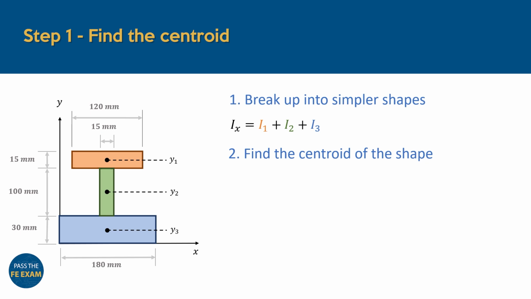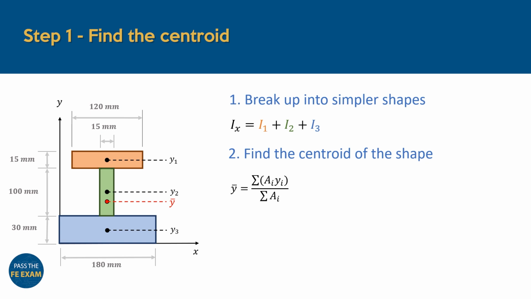Second, we need to figure out where the centroid of this asymmetric shape is located. And here we're referring to the centroid of area. Remember, since this cross-section has a larger area closer to its base, its centroid will also be shifted towards the bottom. We can define the centroid of the I-beam as y bar, a distance measured from the x-axis.